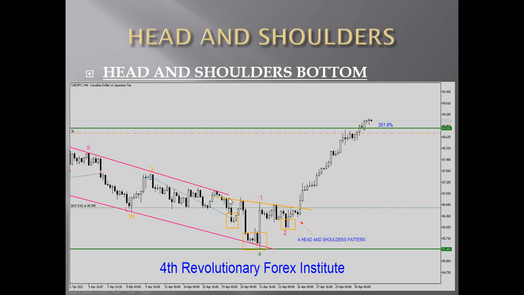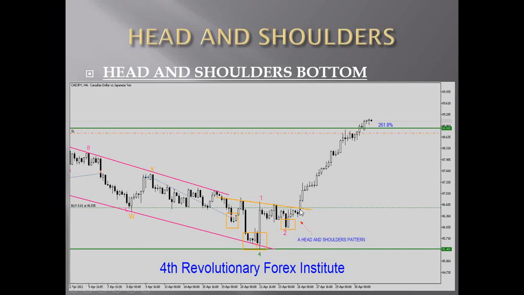This is our head. After this head, the market went back up and tested the resistance level. Now you can see that we have a strong resistance, resistance, resistance, and this resistance level we call the neckline. After that, the market has to form the right shoulder. After the formation of the right shoulder, you wait for the market to break the resistance.